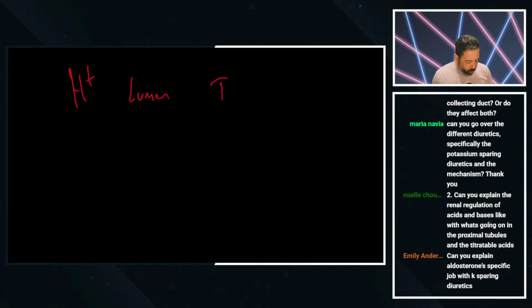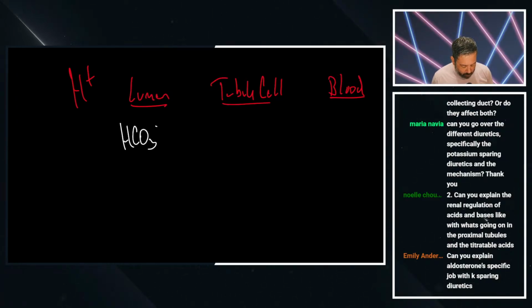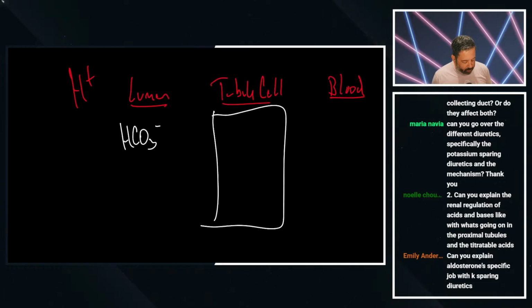Here is the tubule cell. And then we have the blood over here. In the lumen, in the filtrate, we have the bicarb that comes in. In the tubule cell, one example, we're going to donate a hydrogen that's coming from the blood.